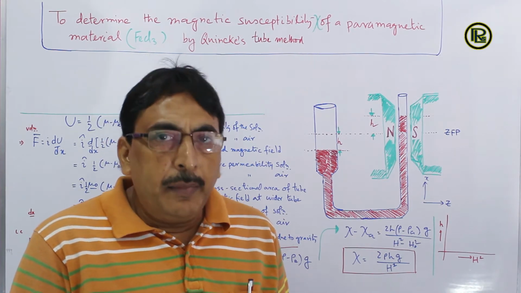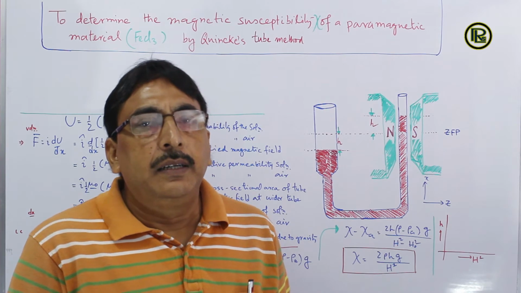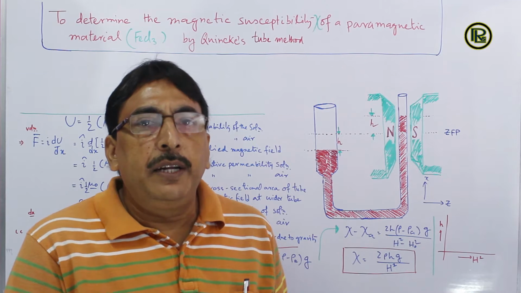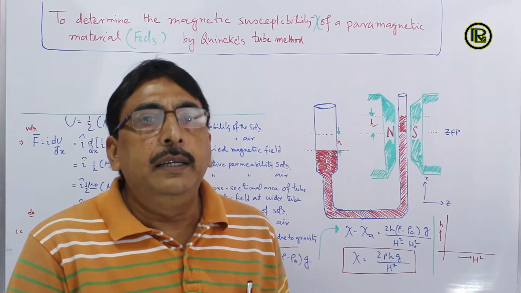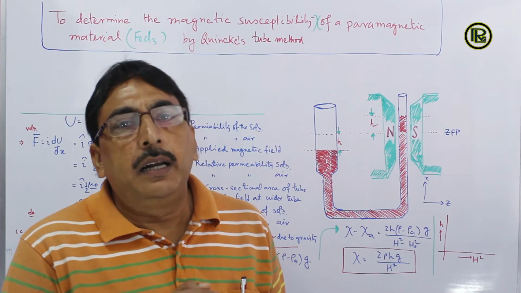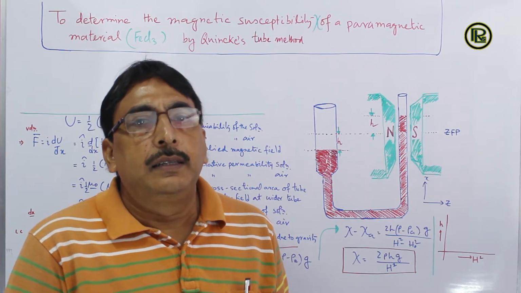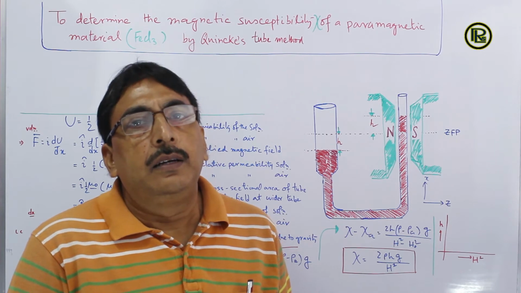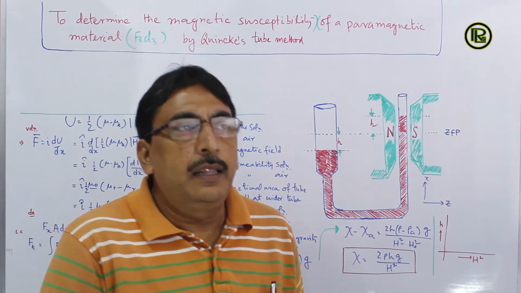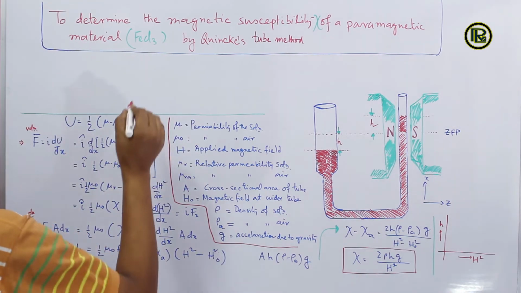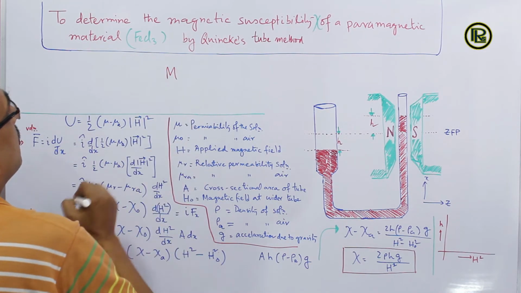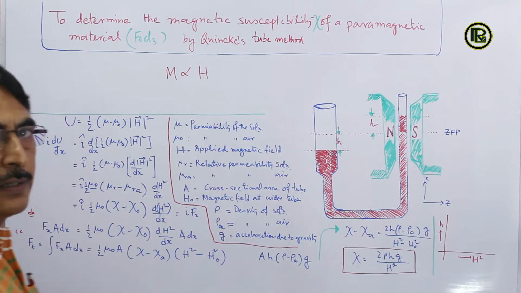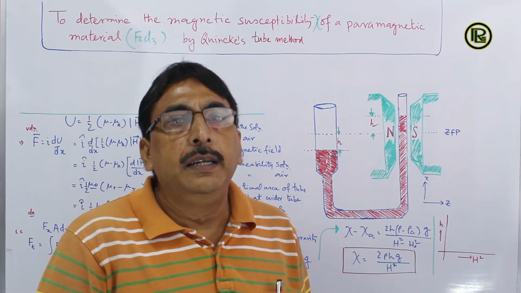But when a paramagnetic material is placed in an external magnetic field, all the atomic dipoles get aligned parallel to the external magnetic field, and thus a magnetization within the material originates. The magnetization M is proportional to the external magnetic field H. This is a linear relation.